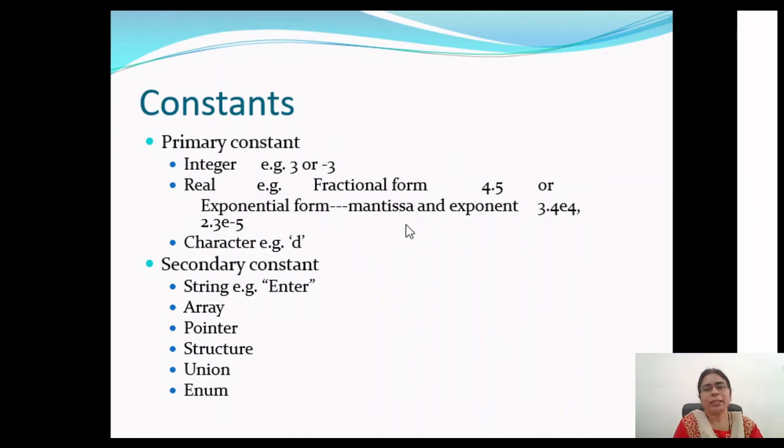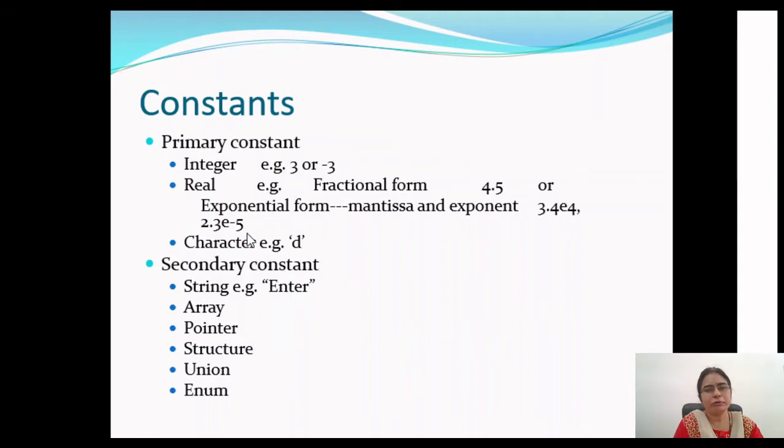Mantissa represents the magnitude portion and exponent represents the power of 10. So 3.4E4, where E separates the mantissa and the exponent, means 3.4 into 10 to the power of 4. And we can have negative values of mantissa and exponent also. For example, 2.3E-5 means 2.3 into 10 to the power of minus 5.